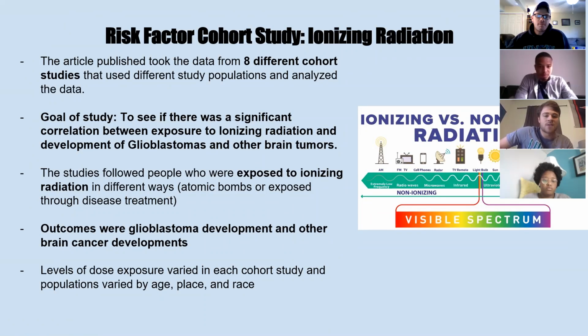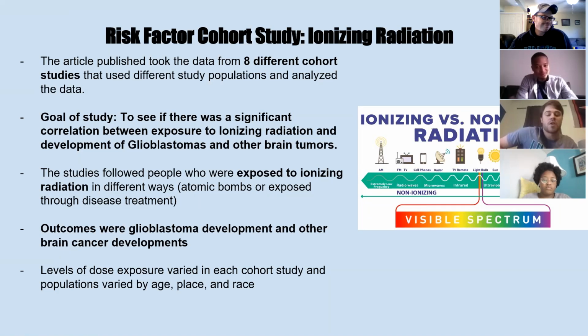So as I said, the exposure was exposure to ionizing radiation. And they did this in 2 ways: either exposure through disease treatment, as with mostly young kids who developed brain tumors at a really young age and were treated with ionizing radiation, or, in one study I think, a group of people that were exposed to ionizing radiation through living in the area where an atomic bomb was dropped.